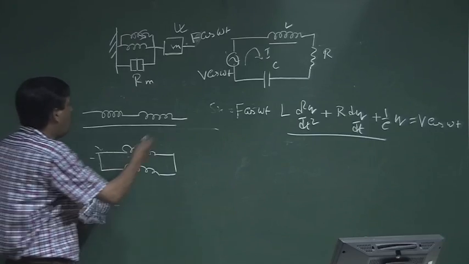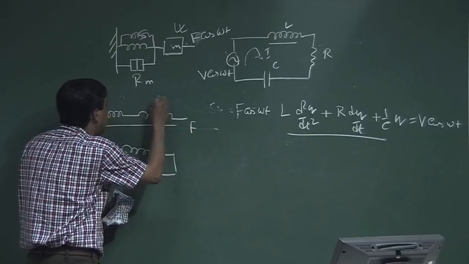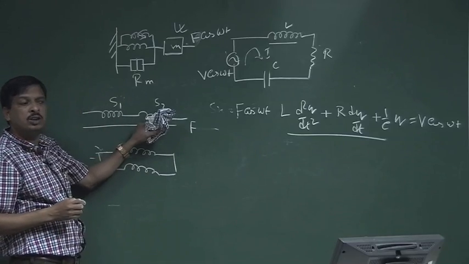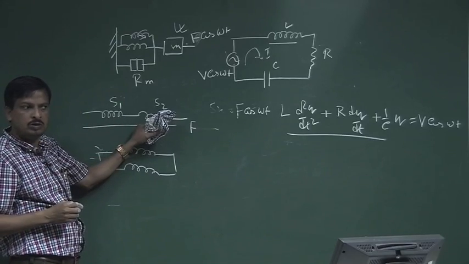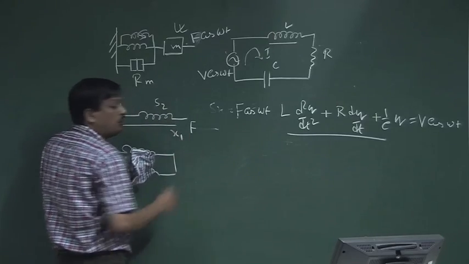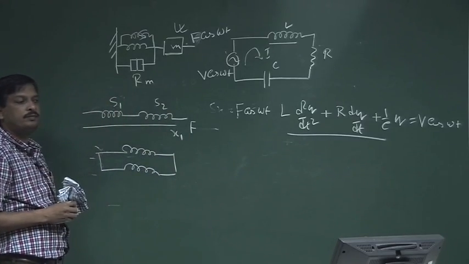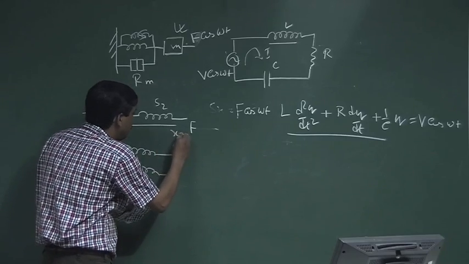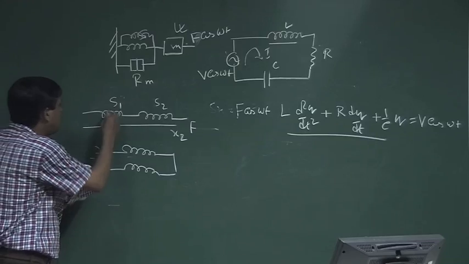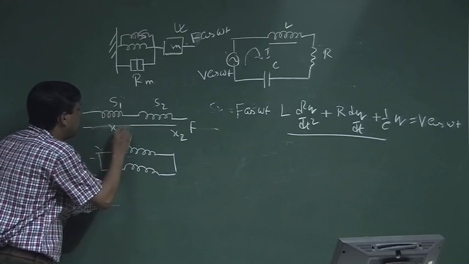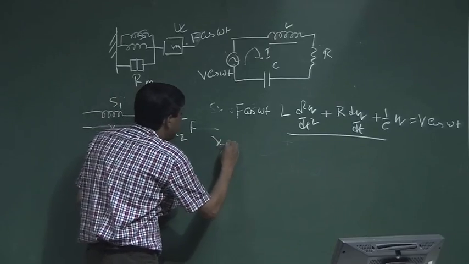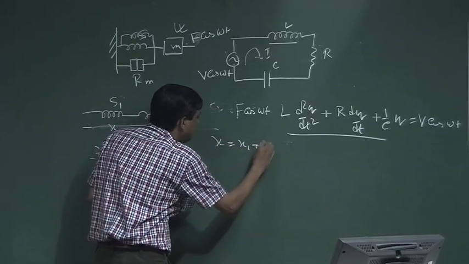Now, in case of series, a force is applied on spring 2, S2, and this is spring 1, S1. Spring 2 is displaced by x2, and spring 1 is displaced by x1. So, the total displacement is x1 plus x2.